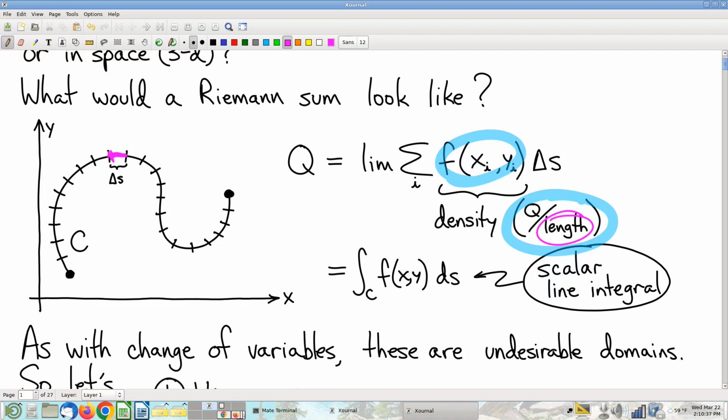It's on this little slice that looks kind of horizontal, and maybe that was confusing. Maybe that makes it look like it's the x coordinate only. No, it's the actual length, independent of what the coordinates are doing.